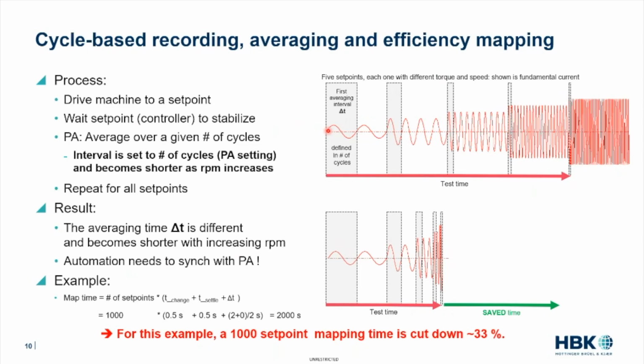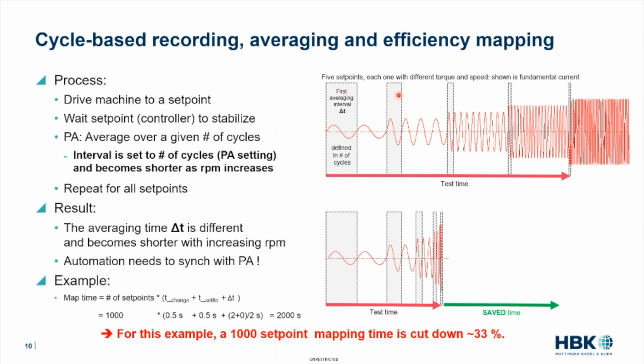So we measure for one cycle at that speed, then the test rig is driven to the next set point, and again we measure only for one cycle, and again for one cycle. So the actual measuring time gets shorter as the frequency or the RPM of the machine increases.